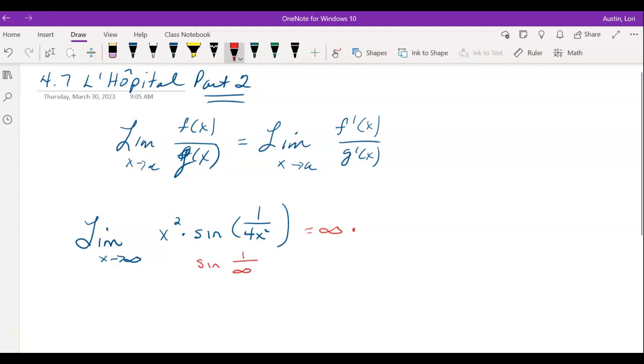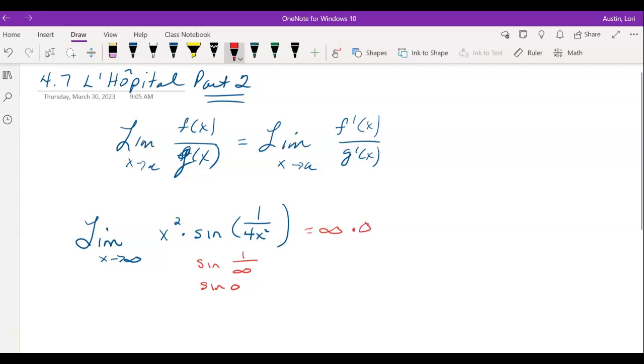What's 1 over infinity? 0, because you're dividing 1 by a number that keeps getting bigger and bigger, so it's going to get closer and closer to 0. What's sine of 0? These are the things you should have memorized, like sine of 0, sine of 1, cosine 0, cosine 1. What's sine of 0?